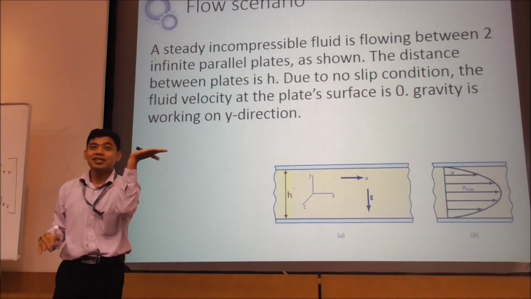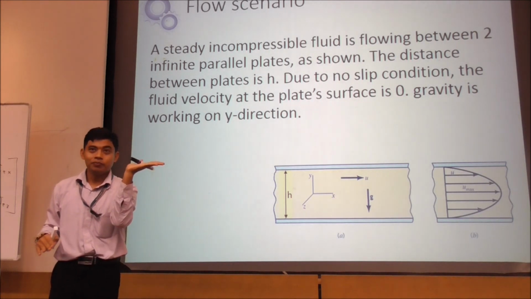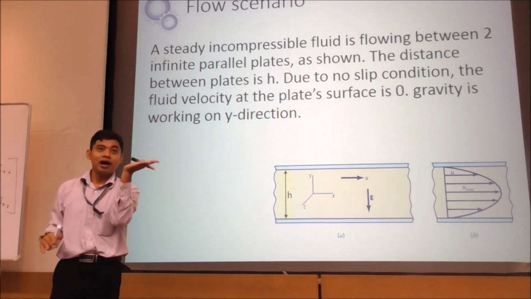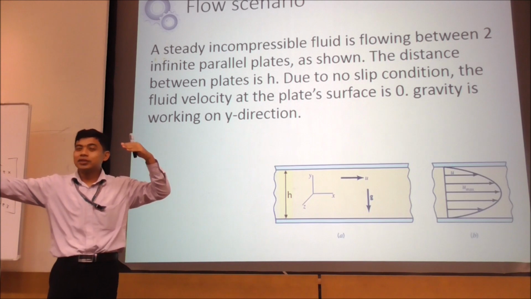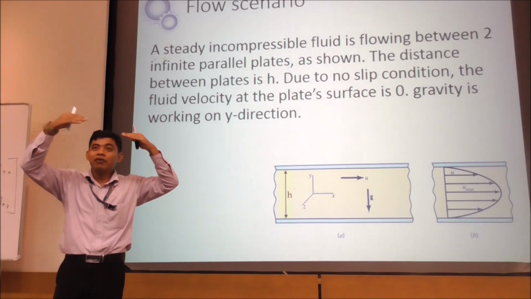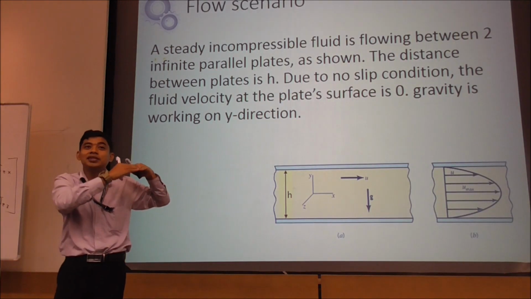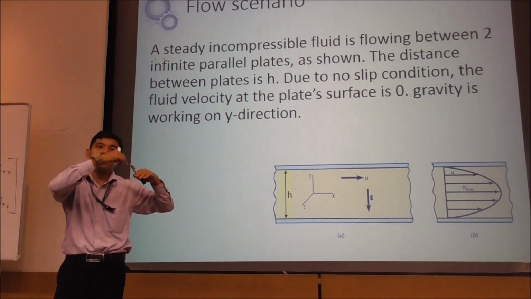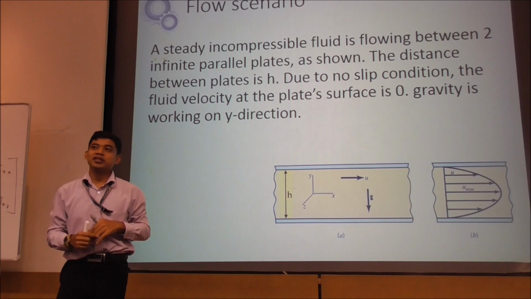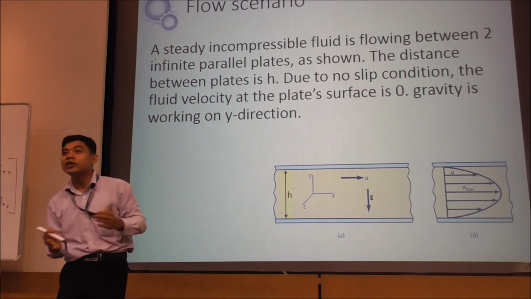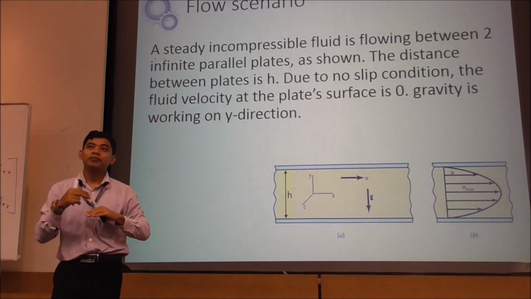It is not necessarily 0. Can you imagine you drive a car, air is coming to the rooftop. It will touch the rooftop, then it will have the velocity of the car. It is not stopped, right? It is moving together with the car.